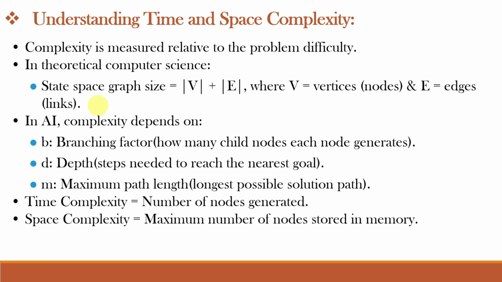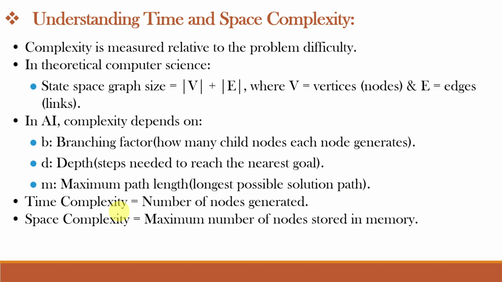And in AI, search graphs are often implicit and infinite due to dynamic environments. So in artificial intelligence, complexity depends on branching factor b, which shows how many child nodes each node generates, depth d, which shows the steps needed to reach the nearest goal, and maximum path length m, which shows the longest possible solution path.